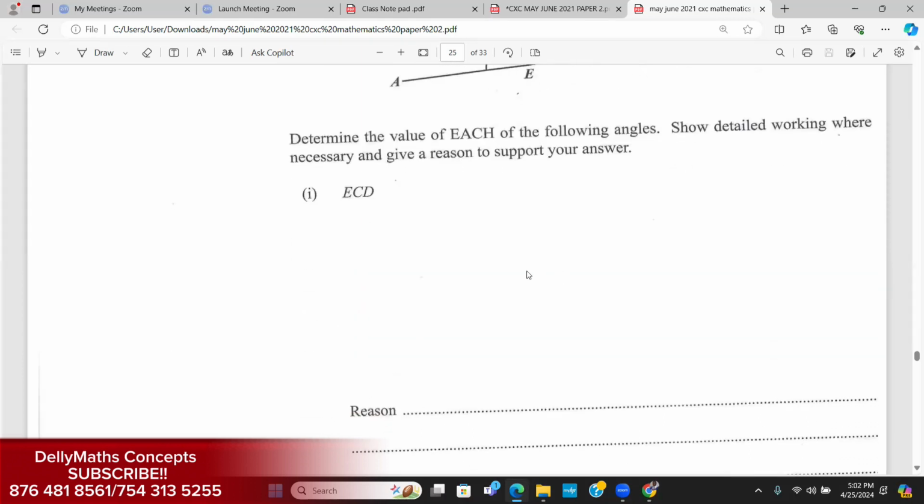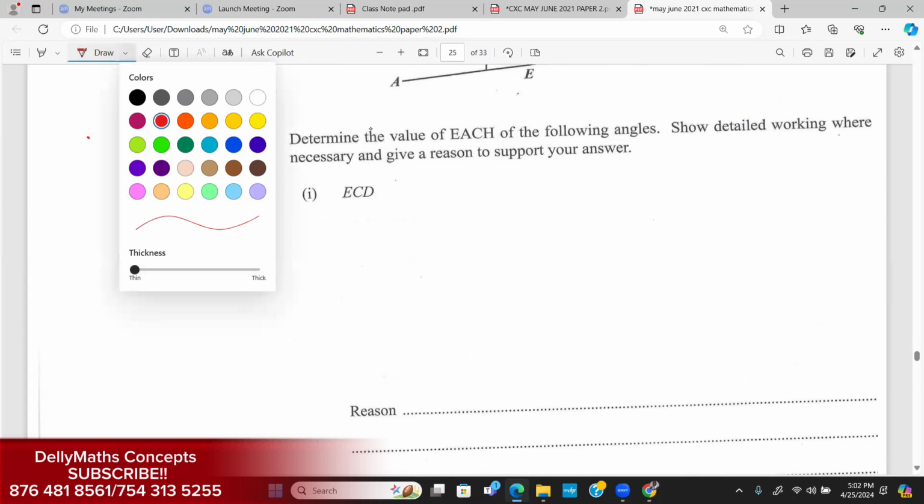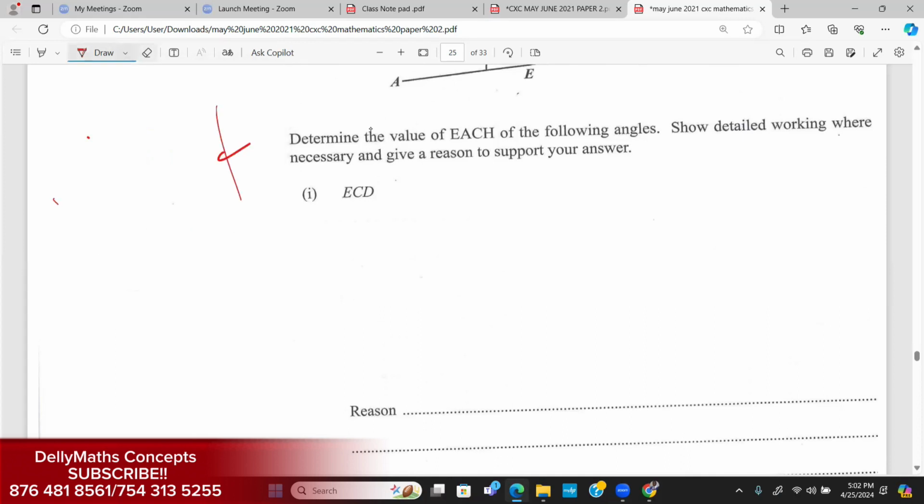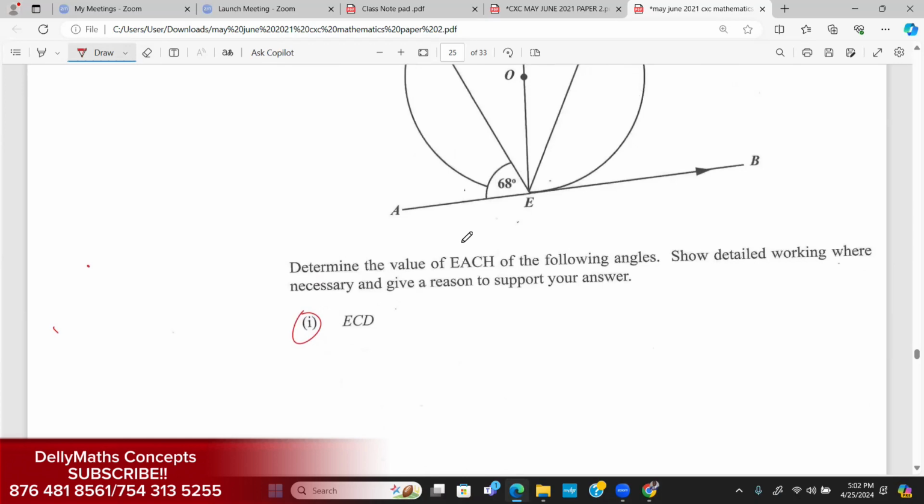The first question says, determine the value of each. So we're getting a number of angles. We're supposed to give the value and then give the reason as well, right? So let us start. The first question says we want to find the value of the angle ECD, and we want to give the reason.